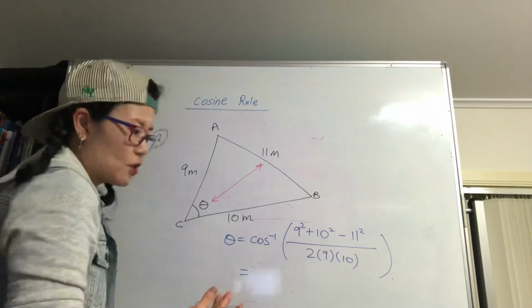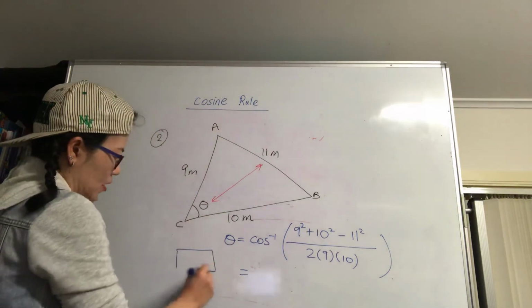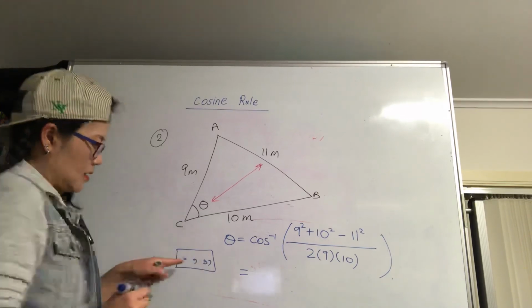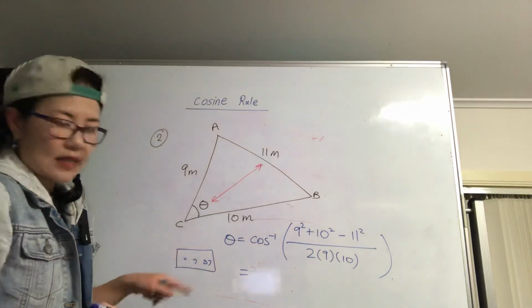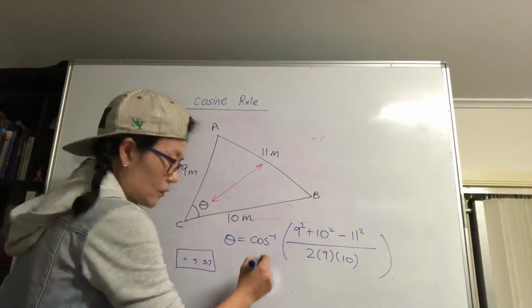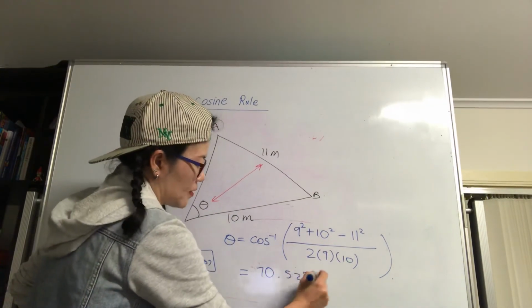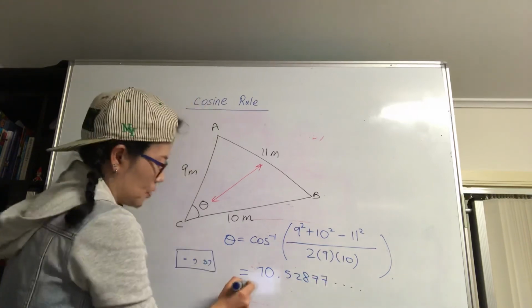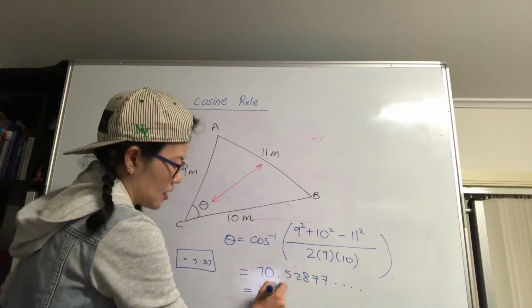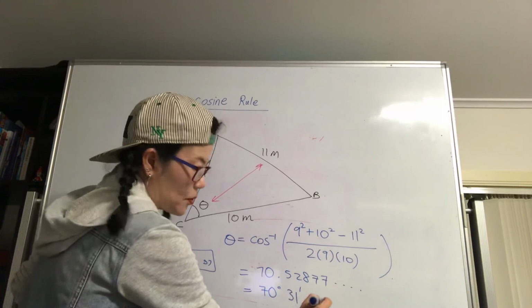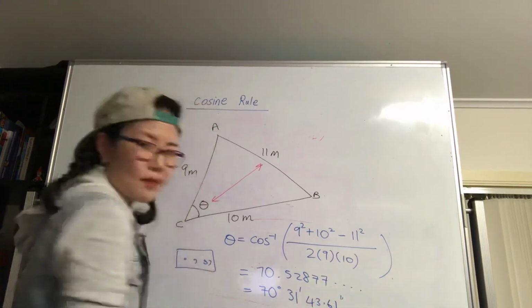When you put that in, don't forget, because we're looking for an angle, you've got to use the degree, minute, and second button at the end. So you will get something like 70.52877..., and you put it in your calculator, you will get 70 degrees, 31 minutes, 43.61 seconds, something like that.